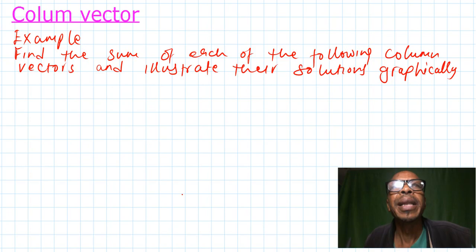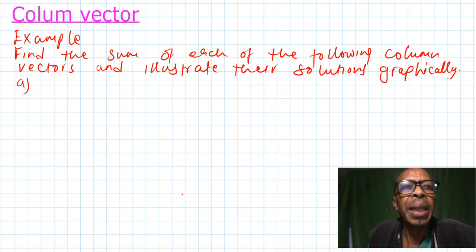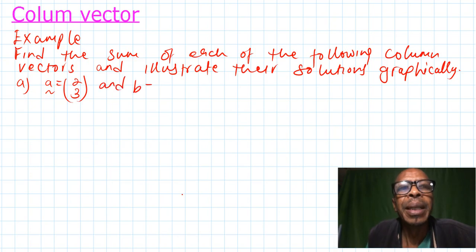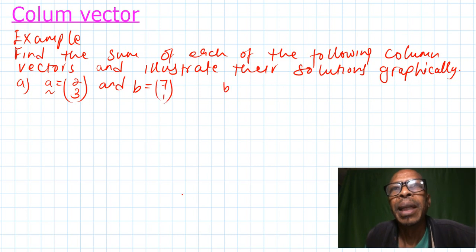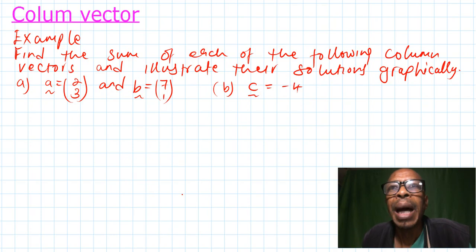Now you understand what a column vector is. We are told that A is vector A. We can use that to indicate the vector. It is 2, 3. So that's a column vector. B is equal to 7, 1. So those are column vectors. We have part B. We have C is equal to -4 and 2.